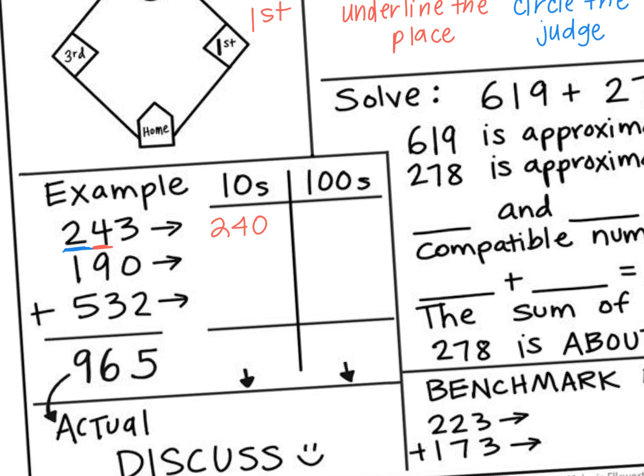What would happen? Think about 243 on a number line between 200 and 300. Would it be closer to 200 or 300? Yeah, it would round down to 200, because what's halfway between 200 and 300? 250. Okay, very good.